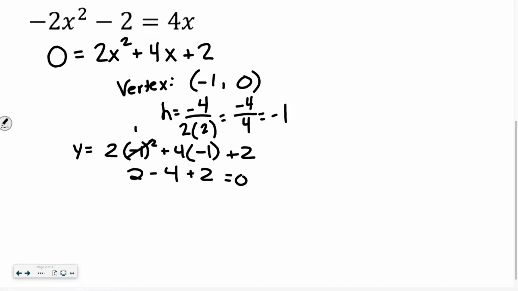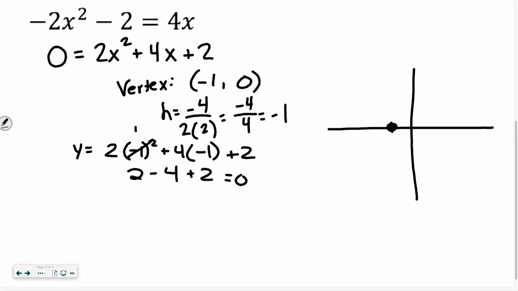Okay, that's interesting. Because if I go to my graph and I graph this function, negative 1, 0, and I'm graphing 2x squared plus 4x plus 2, I can use my a value of 2 to vertically stretch.